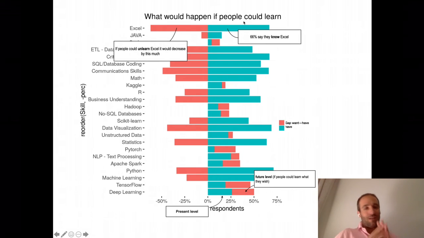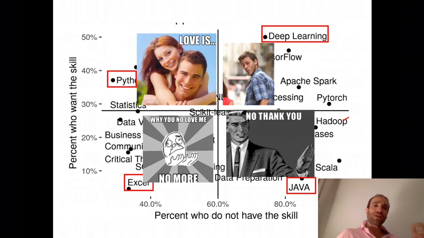So look at Excel. If people could unlearn Excel, they would unlearn Excel and it would decrease by this much. Isn't it amazing?